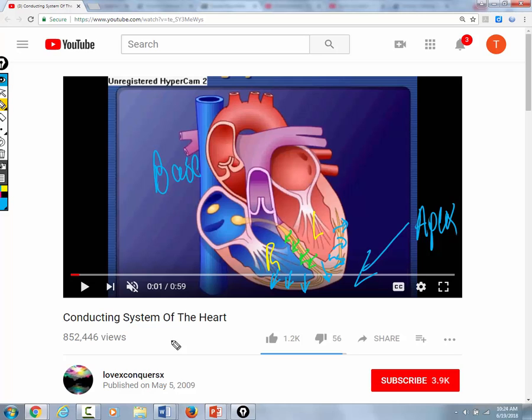This is what's referred to as the baseline of the EKG. Do you understand? So if you look here in V3, here's the baseline. Do you follow that? All of the EKG and all of the deflections are read off the baseline.